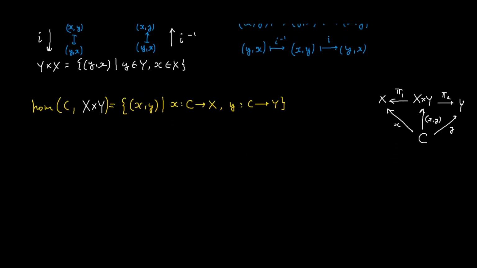In a similar way, I'm going to have this hom_C description of Y × X. As a generalized set, it consists of ordered pairs yx, where y is an arrow from C to Y, and x is an arrow from C to X, sorry.